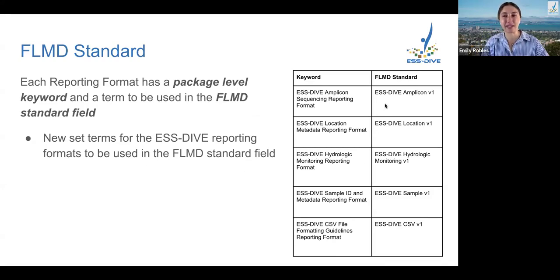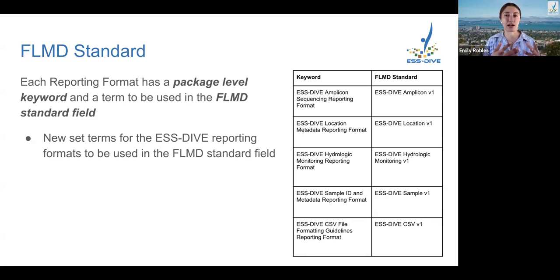The reason we didn't make them the same was because we're including this component of versioning in the FLMD standard name, and we didn't include that at the keyword level. So not only is it shorter, but it has that additional information of version. Whereas the keyword at the package level, we wanted to maintain its integrity and stay the same.